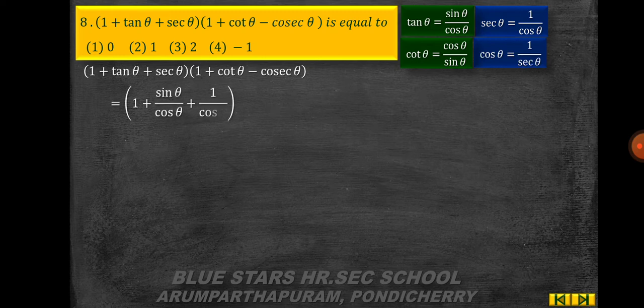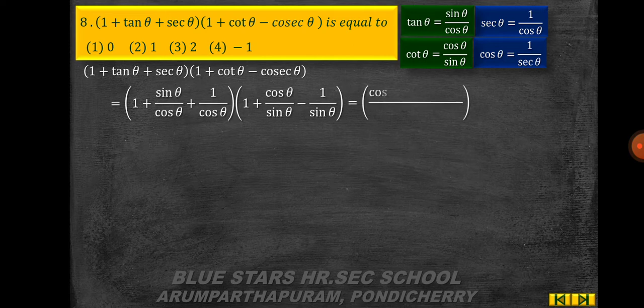So 1 plus, instead of tan theta we are substituting sin theta by cos theta, plus secant theta as 1 by cos theta, into 1 plus cot theta as cos theta by sin theta minus cosecant theta as 1 by sin theta, which is equal to cos theta plus sin theta plus 1 divided by cos theta, into sin theta plus cos theta minus 1 divided by sin theta.